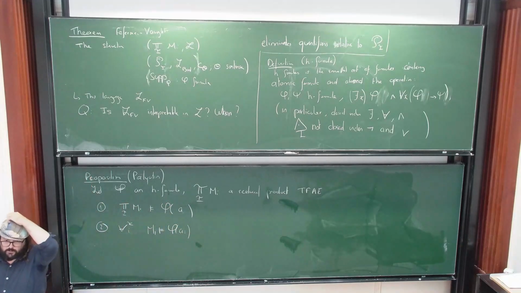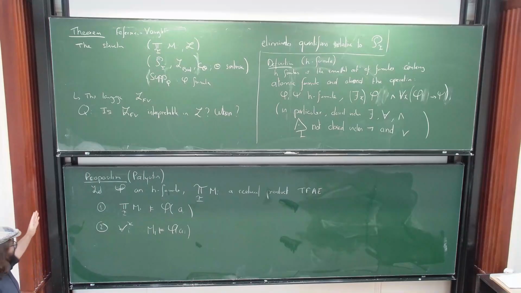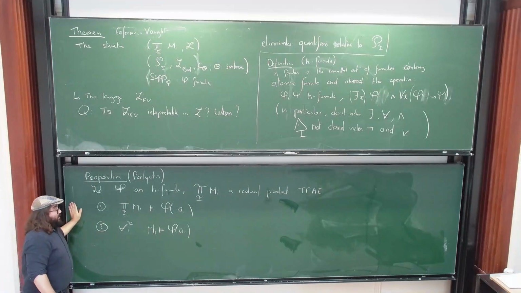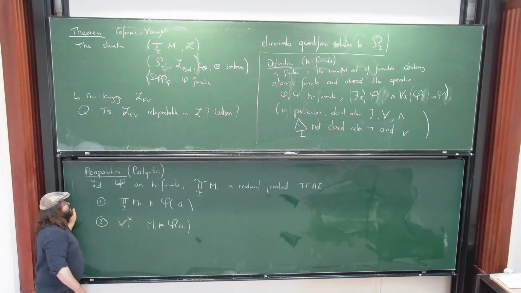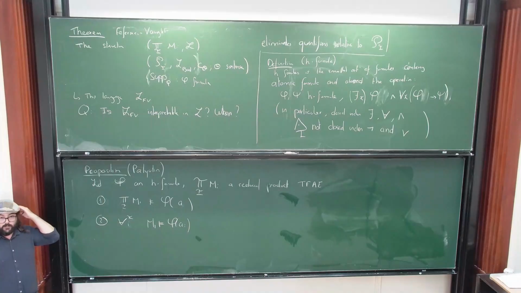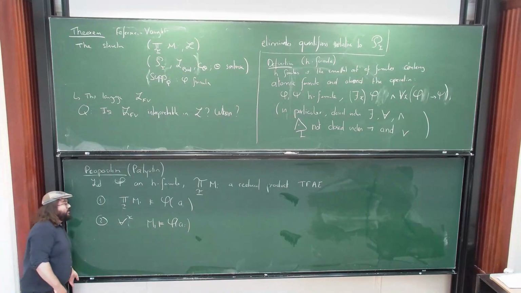Sorry, it's not a surprise. I was supposed to write it down, but it's exactly like Łoś's theorem, except it's only for H formulas. Okay. You have a reciprocal to this fact, but I need to be careful when I state it.